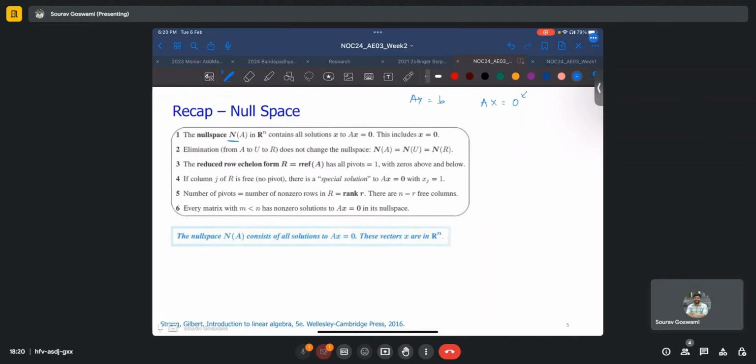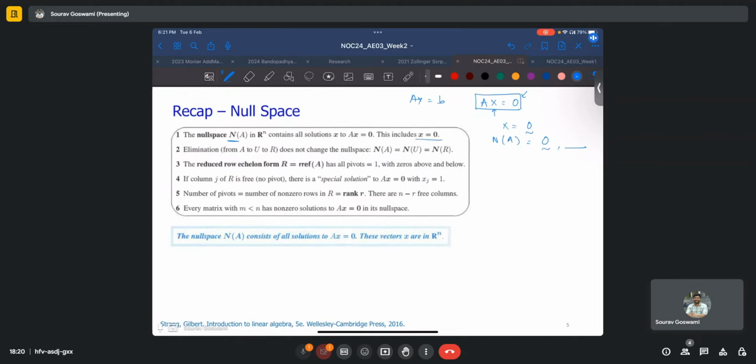So all solutions x which fit the equation Ax equals 0 comprise the null space. Obviously, one very obvious solution is the zero vector, which will trivially satisfy this. So the null space will always contain the zero vector, and it might or might not have other elements in it.